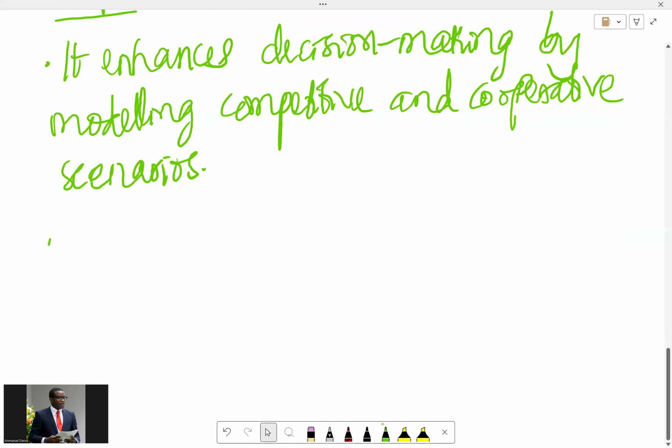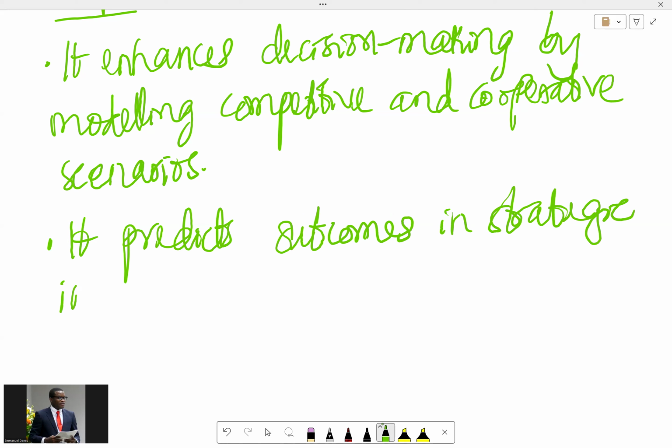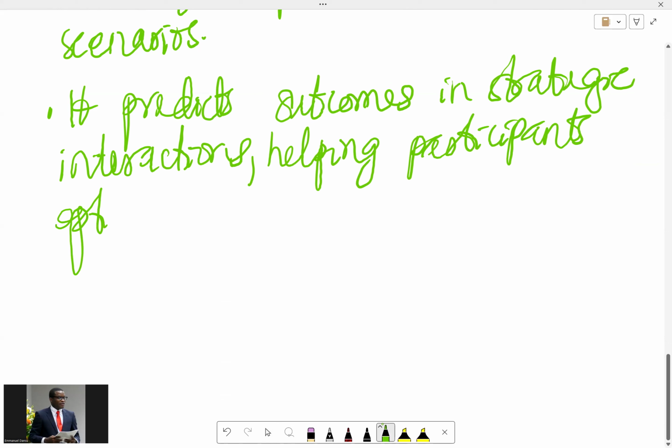Then we have that game theory predicts outcomes in strategic interactions, helping participants optimize their actions.